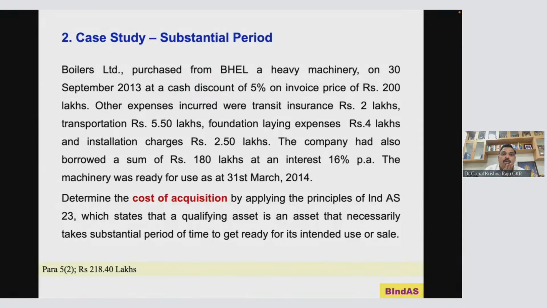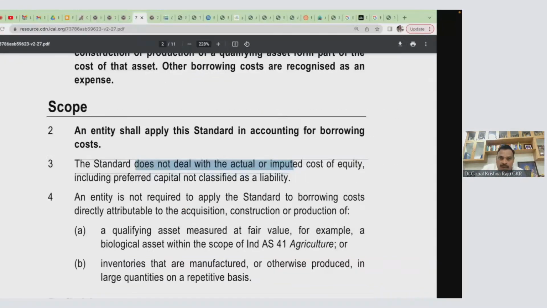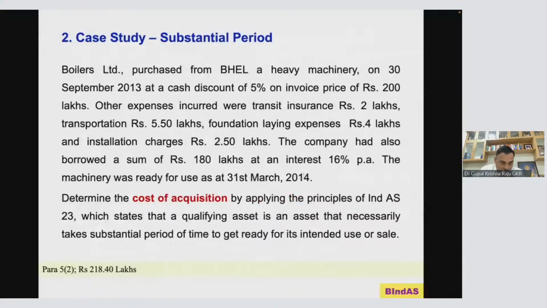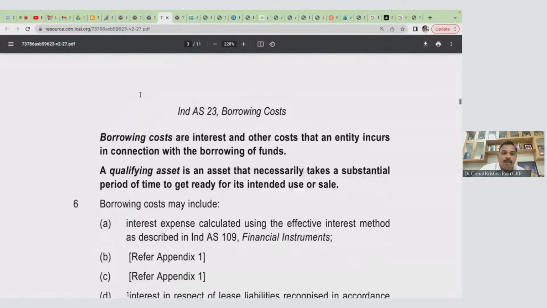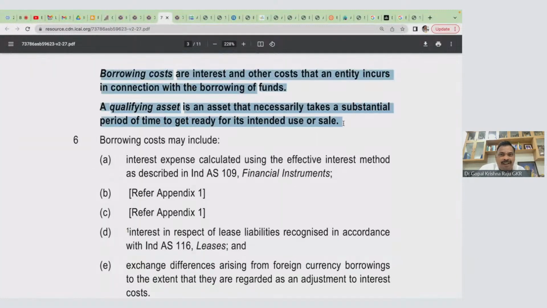Now I am taking you to substantial. This is very, very important terminology, where I will take you to para number 5. This standard uses the following: borrowing cost and qualifying asset. I told you, only two definitions, in para 5.1 and 5.2. What is borrowing cost?